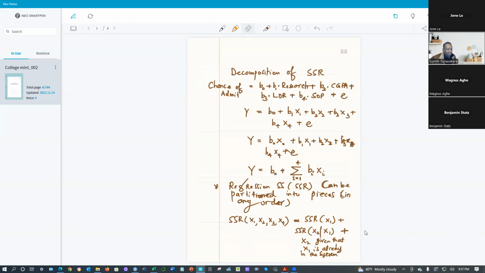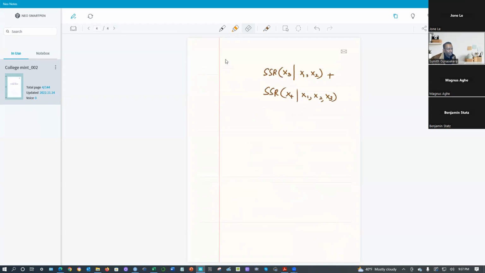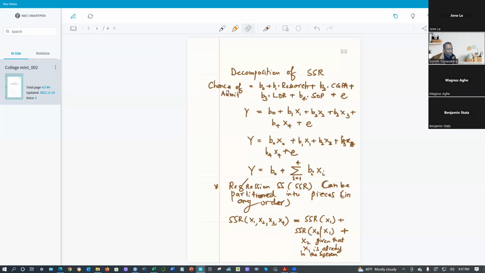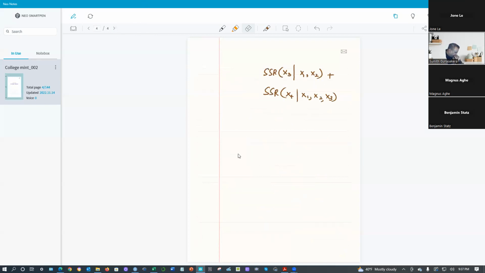But this is the decomposition. Look at the summation of this one plus this one, plus this one, which adds up to SSR. These are called the sequential sums of squares. Sequential.